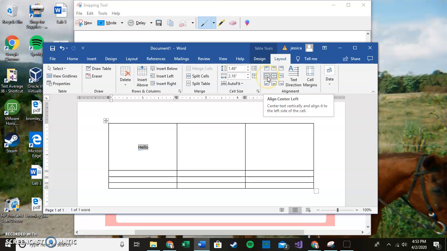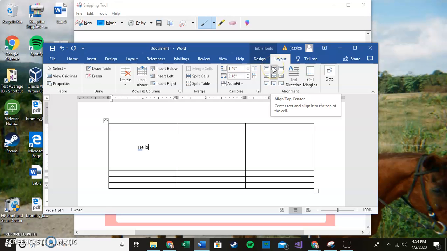This one, center text vertically and align it to the left. So again, this is centered vertically because if I were to draw a vertical axis here, it would be in the middle. And same here. This is another centered vertically option. This technically is still centered vertically, it's just also centered horizontally.